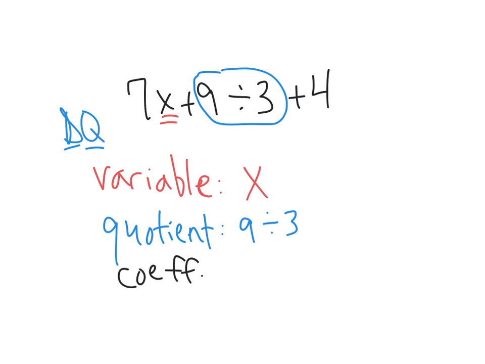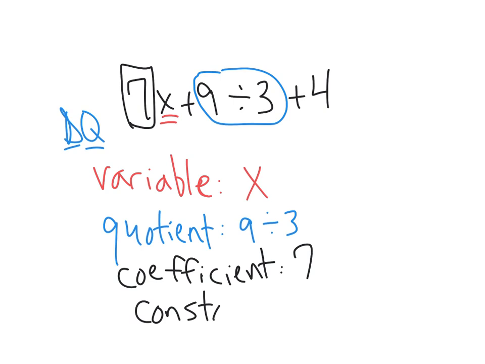Coefficient is a number that a variable is being multiplied by. So 7 is our coefficient. And then a constant is just a plain number that doesn't have a variable with it. So 4 would be our constant.